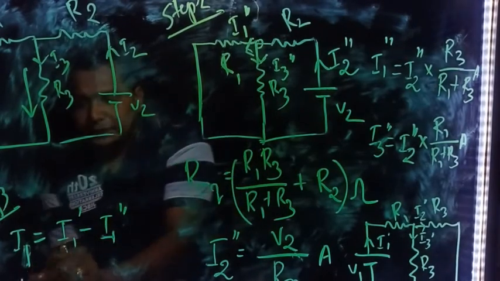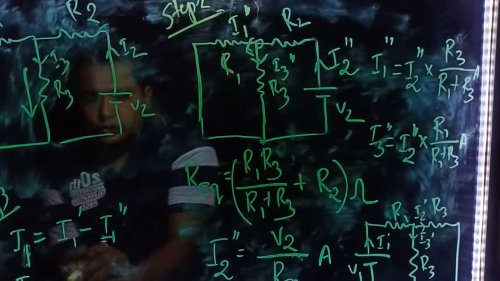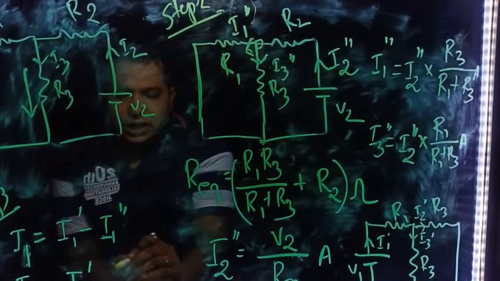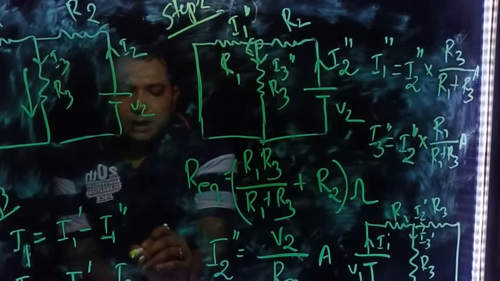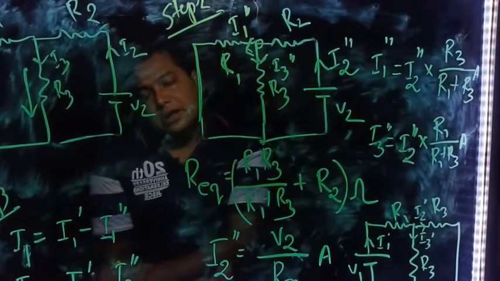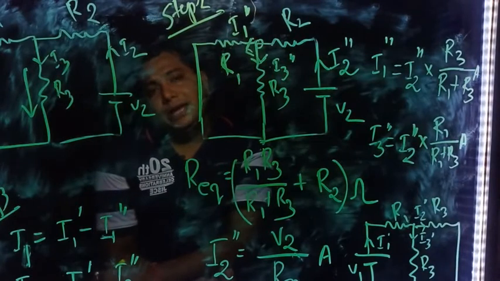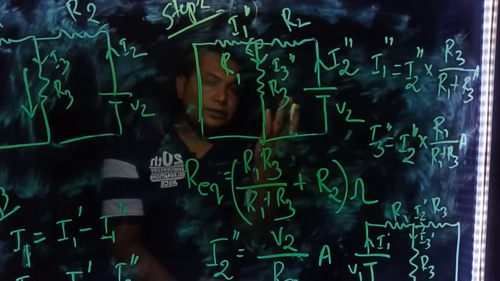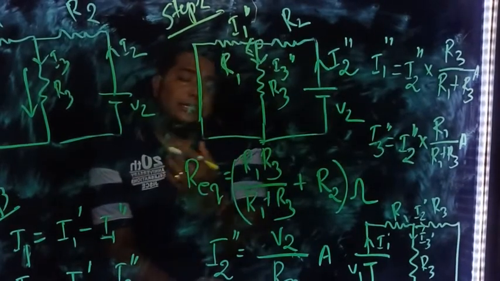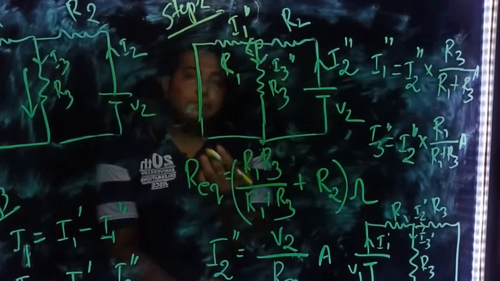Like this, we consider I2. Obviously I2 is a summation of I2 bar and I2 double bar. The other point is whether it will be additive or subtractive, so again we have to check the direction, step 1 circuit and step 2 circuit. In step 1 we have I2 bar and in step 2 we have I2 double bar.